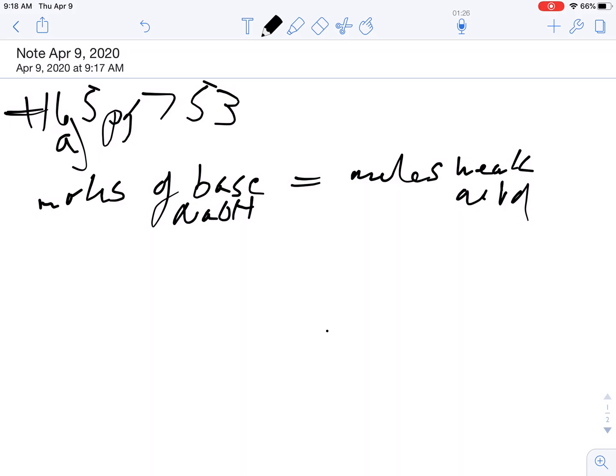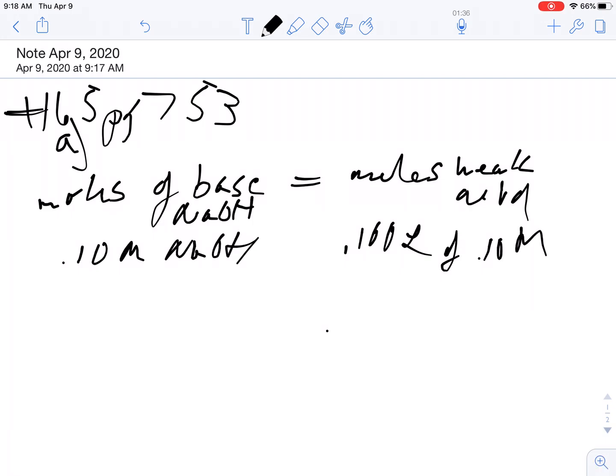The base we have is 0.1 molar sodium hydroxide, and the acid we have is 100 mL, or 0.1 liter, of 0.10 molar acid. They're nice in that they're giving us the same concentration. So I don't even have to calculate the number of moles, because in order for them to be equal, I'm going to need 0.1 liters of this.